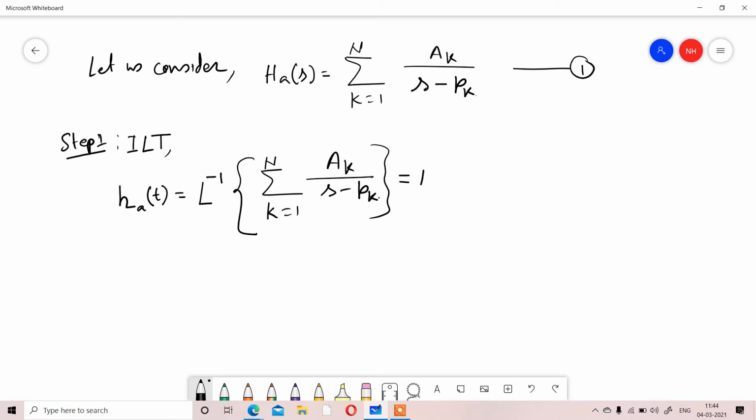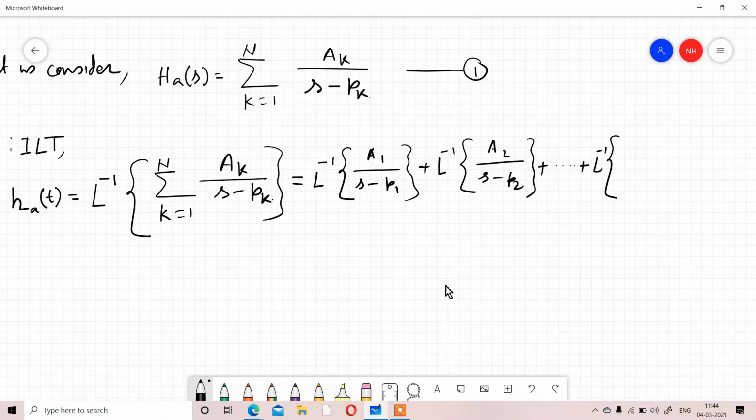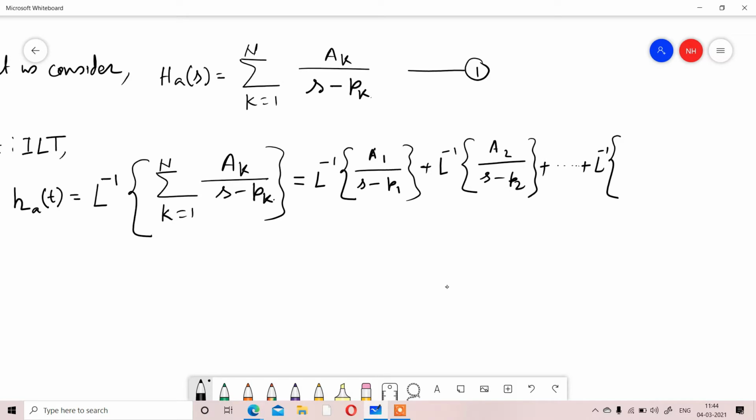In the split form means: Laplace inverse of, for k equal to 1, a1 by (s minus p1), plus the inverse Laplace transform of, for k equal to 2, a2 by (s minus p2), plus and so on, up to the nth term, an by (s minus pn).